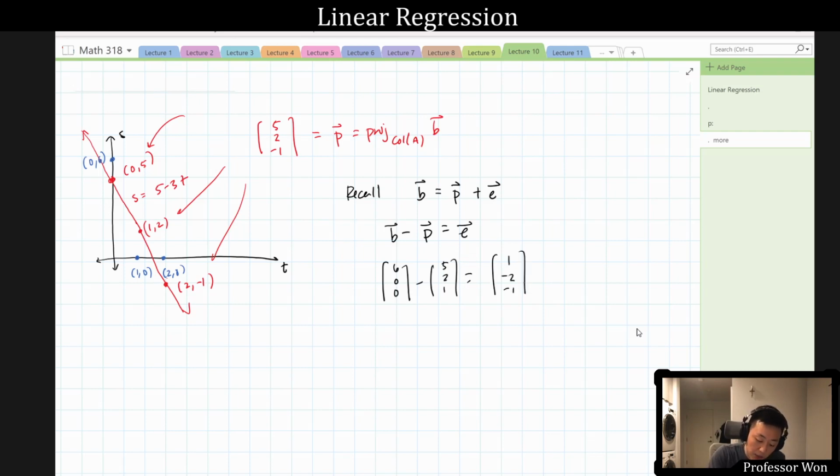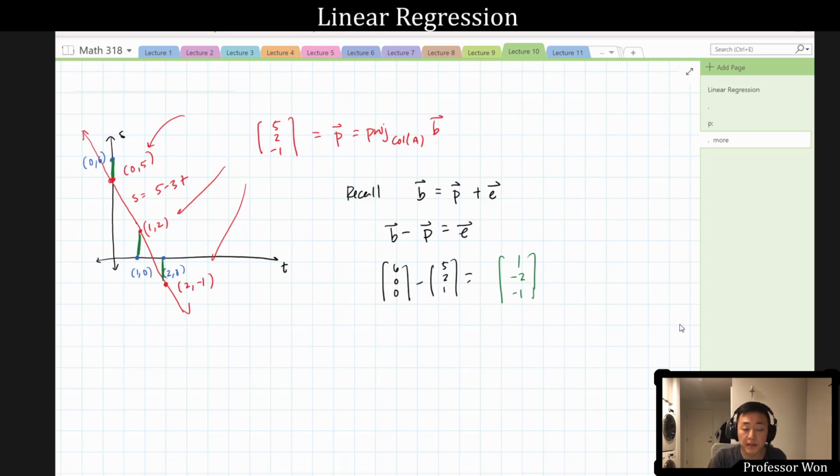This vector e is recording the differences between the points that we actually had and the line. Or in other words, when we shifted the points so that they lay on a line, the differences are captured by e.